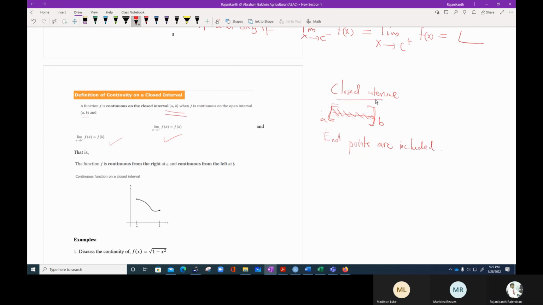But for the open interval, suppose you see two numbers from A to B, we use parentheses for the open interval. So that means everything inside A and B is included, and A and B are not included in our domain. That's called the open interval. So endpoints are not included here.